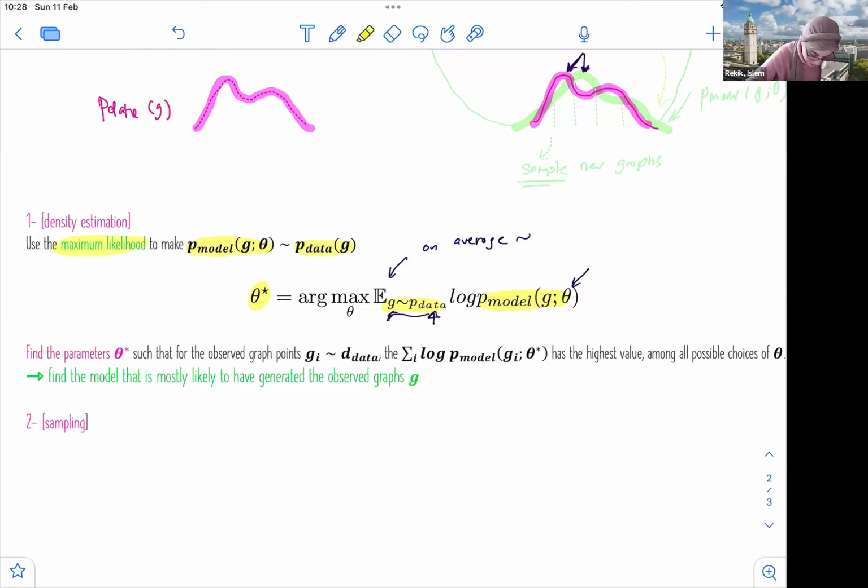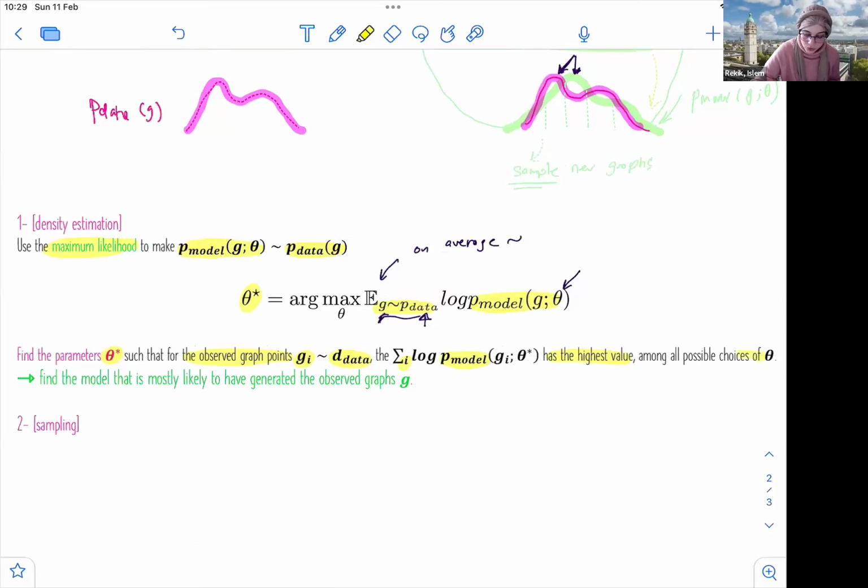So the goal is to find the parameters theta star such that for the observed graph points G_i, if we have 1,000 graph points as an initial training set, we maximize the sum over all these points of the log of the probability returned by the model, so that the probability density has the highest value. So we want to maximize this among all possible choices of theta, of course.